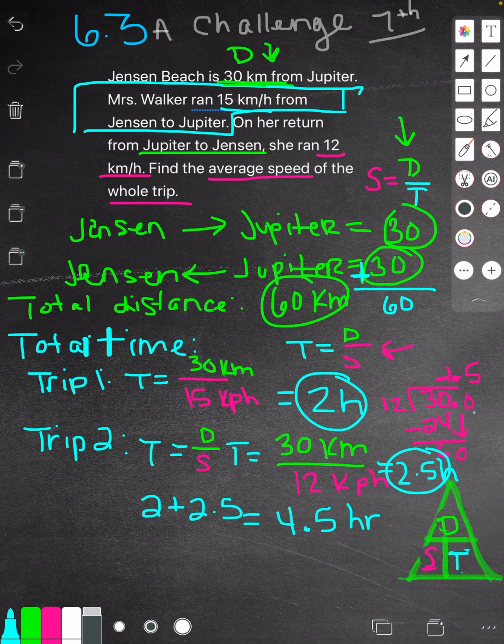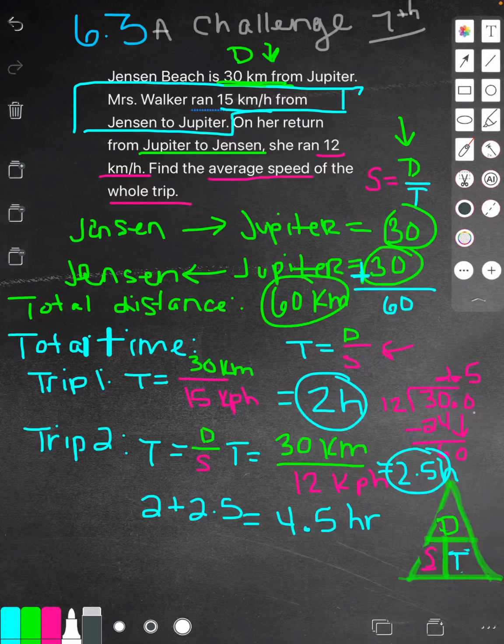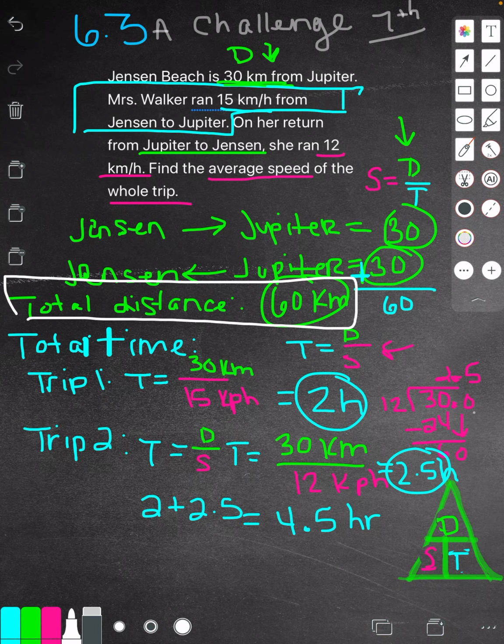Now, we are almost done. We need the average speed because that is what our problem was asking for in the first place. So I'm going to circle the information that is super important, our total time and total distance. Total distance here is 60 kilometers. Our total time is 4.5 hours.